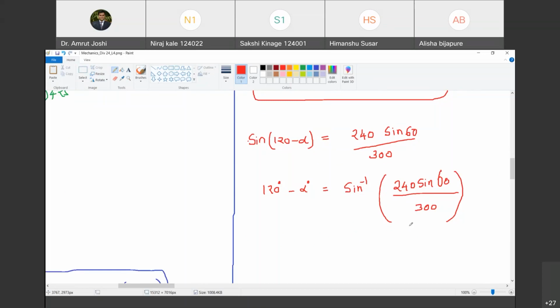Just give me a second. Sine inverse of 240 sine 60 divided by 300. Is it 43.85 degree?